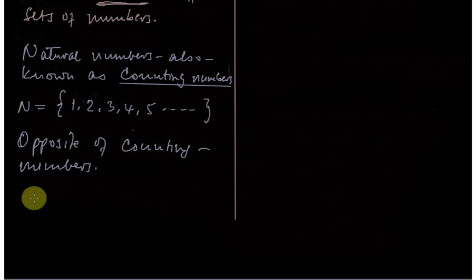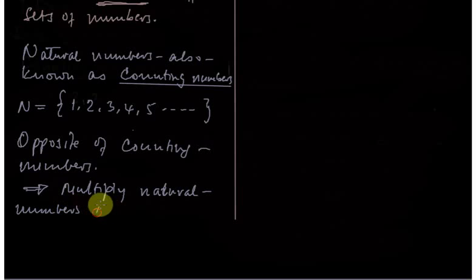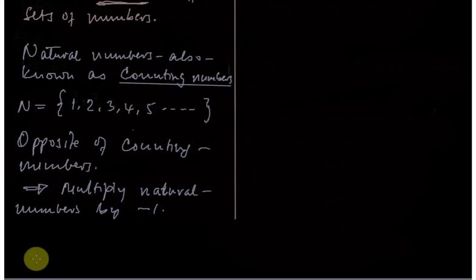Multiply natural or counting numbers by -1. So if a natural number is 1, you multiply by -1, you get -1.